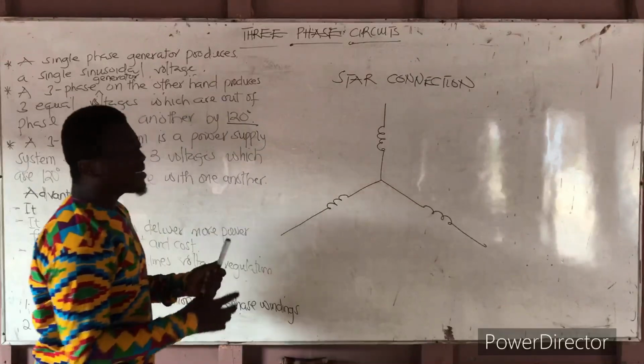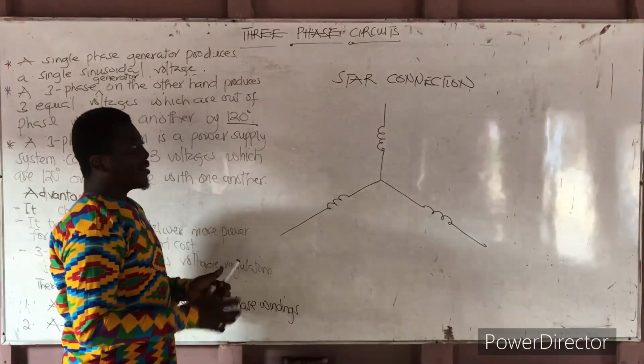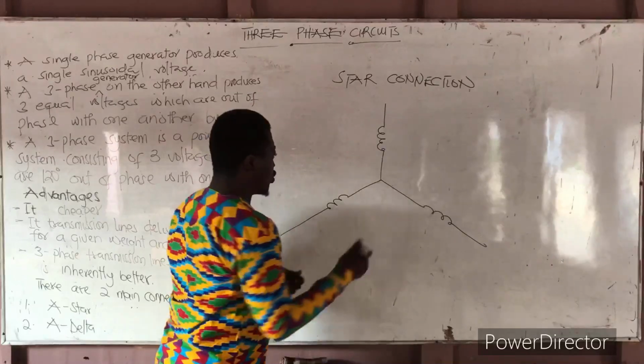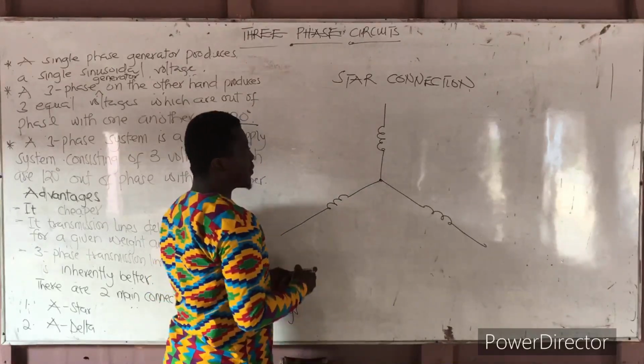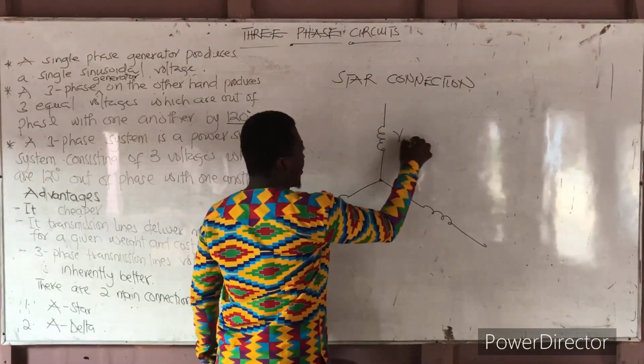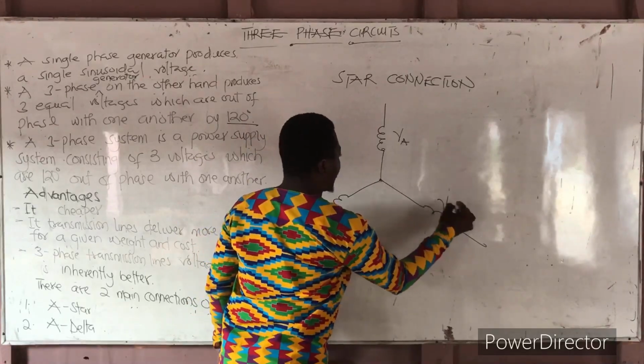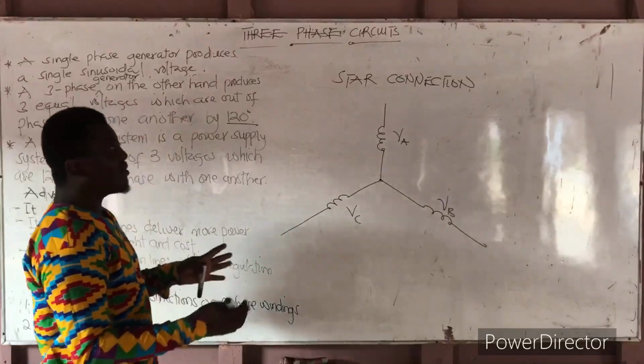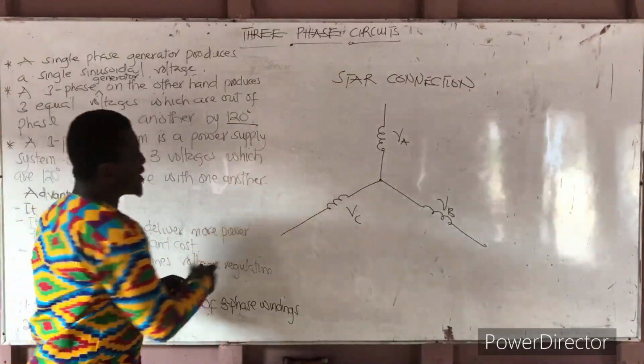So basically, this is a star connection. The three phases come together at a point. So they all meet at this point. And this one will be your VA, this one will be your VB, and this one will be your VC. So when you have this kind of connection, we call it star connection.